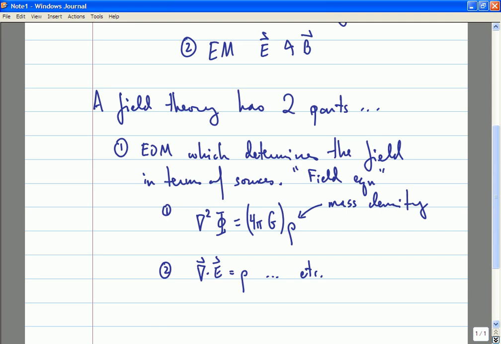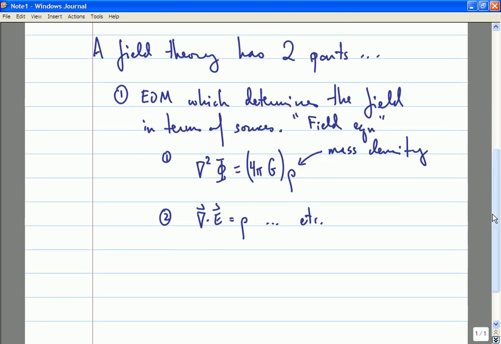So the field equation is the first part of a field theory, which allows you to determine what the electromagnetic or gravitational field is in terms of the sources. And then, of course, you need to describe how it is that this field affects physics.